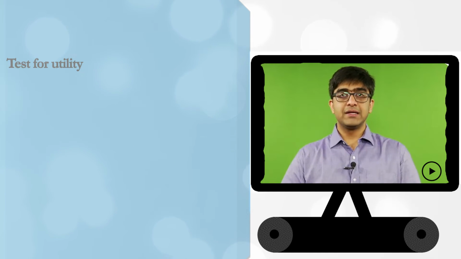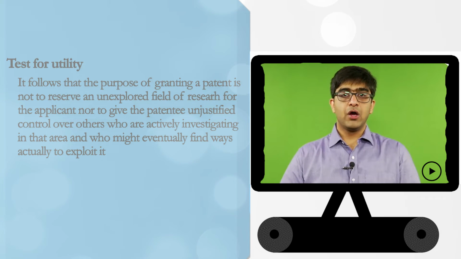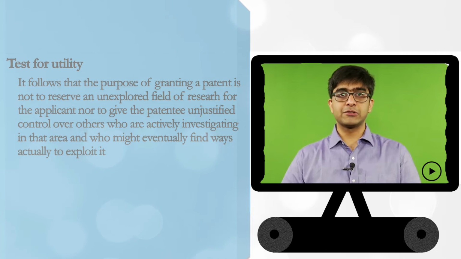You must remember that the purpose of granting a patent is not to reserve an unexplored field of research for the applicant, and is not to give the patentee an unjustified control over others who are actively investigating that area and might eventually find ways actually to exploit it. Therefore, patent law is very careful in giving patents in as yet unexplored areas, because they do not want the entire area to get reserved for a particular patentee.